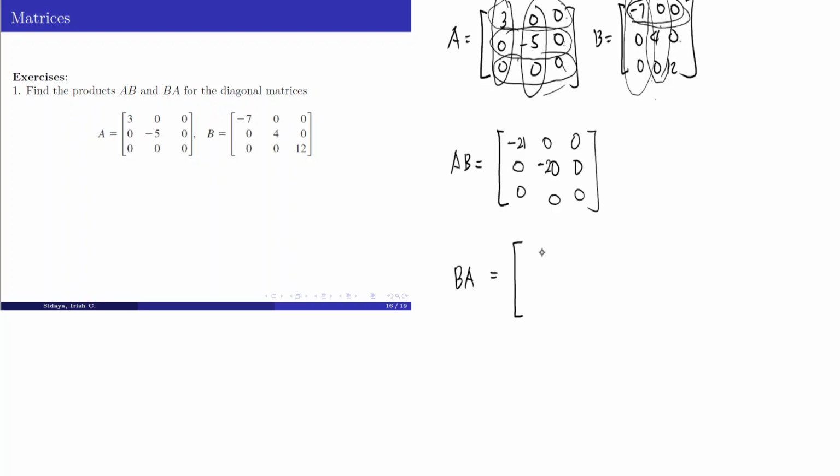Then you will notice that you also get this matrix. So your product AB is equal to the product BA, which in fact, in general, if A and B are diagonal matrices of the same size, then the products AB and BA are equal.